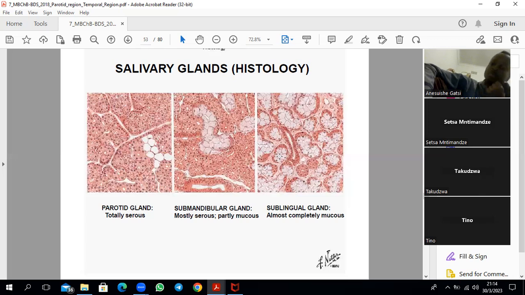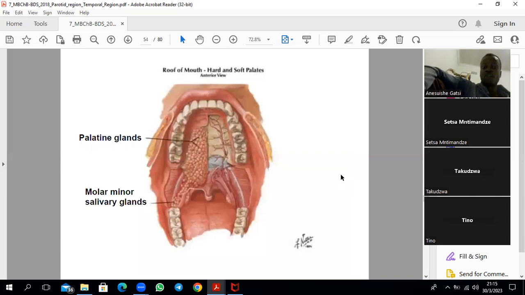For example, the parasympathetic outflow will favor secretion of a watery, copious saliva, meaning I want serous secretion. Then sympathetic secretion will favor release of what we call a sticky saliva.